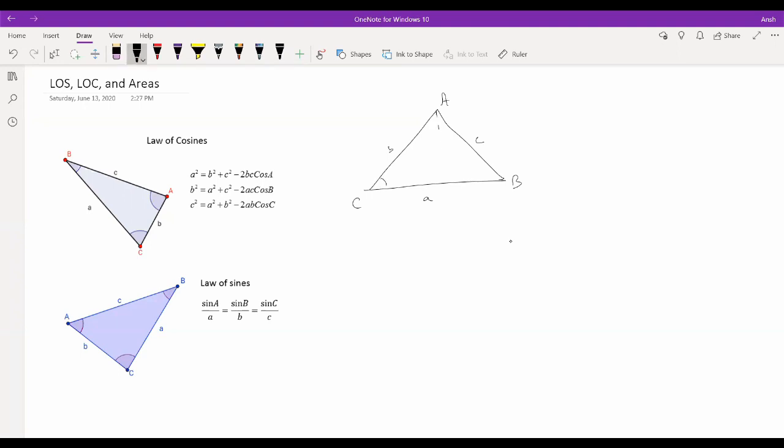Specifically, if we draw down this height, we notice that since this has measure angle C, the length of this height is just B times sine of C. Since that would be B times opposite over hypotenuse, where the opposite is this and the hypotenuse is this, so this just cancels out to the length of the height.